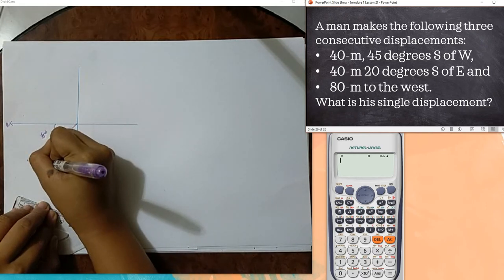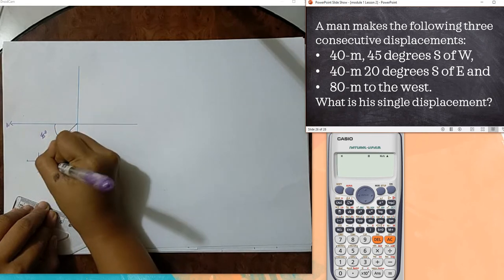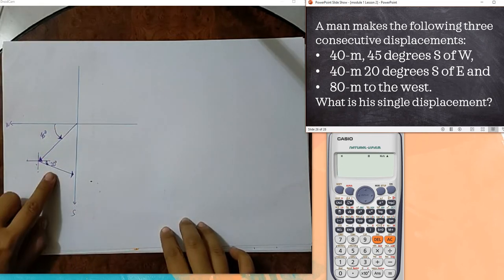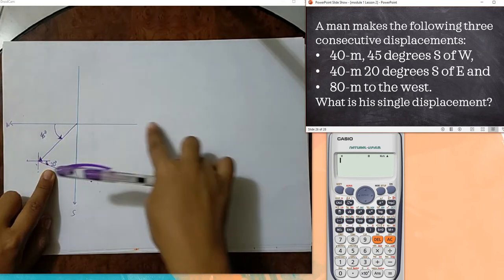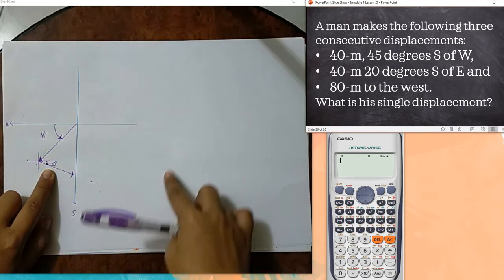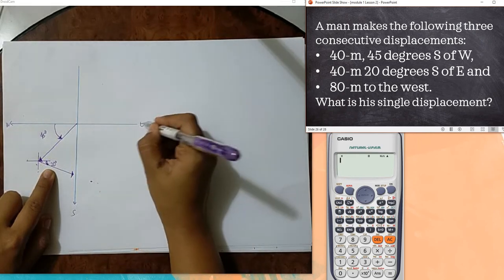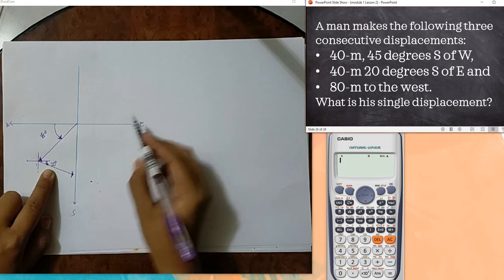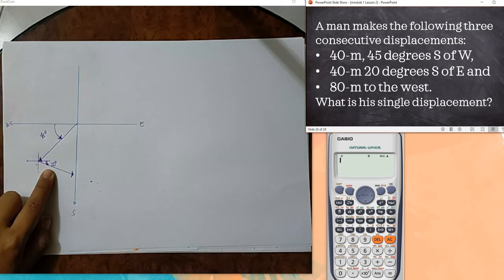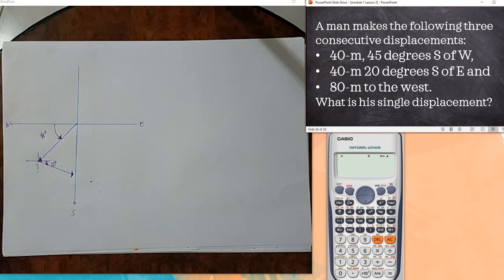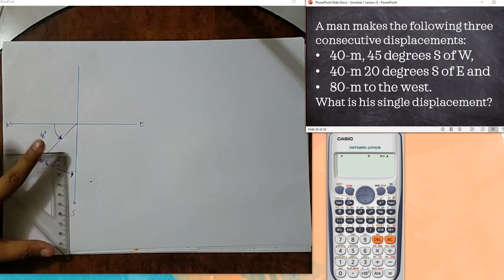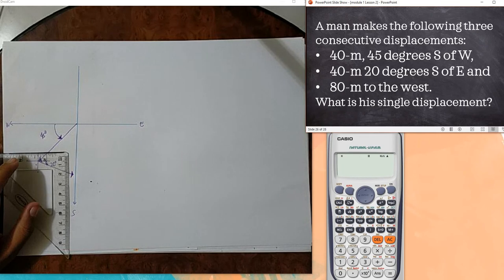Take note that the arrow of your angle should be relative to the x-axis. So from east, it's going down to the south because we have south of east. Okay? And lastly, we have 40 meters to the west.